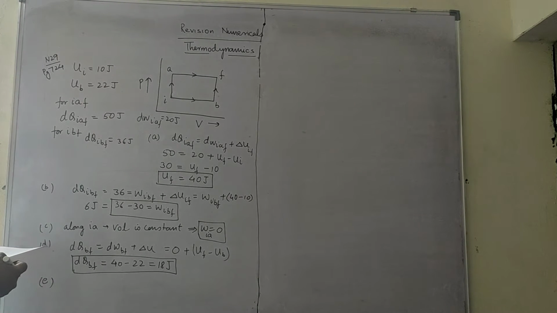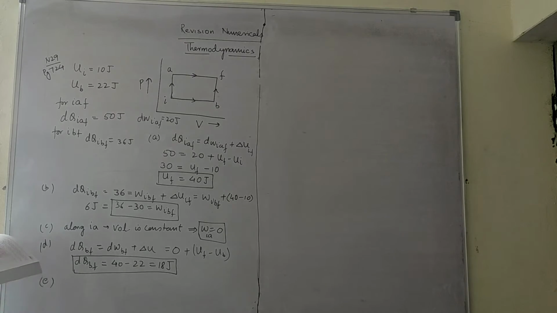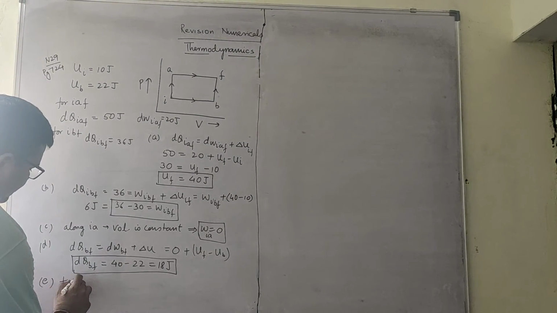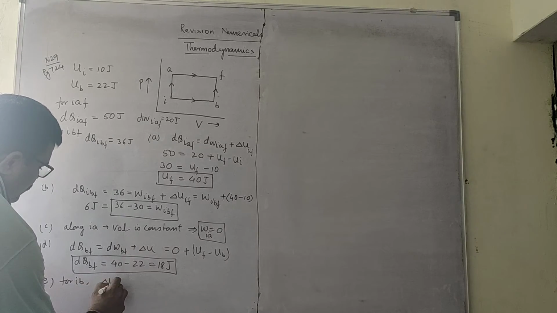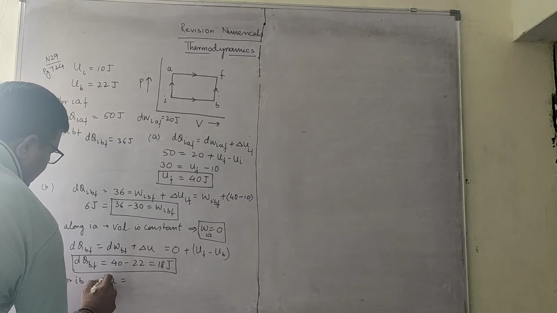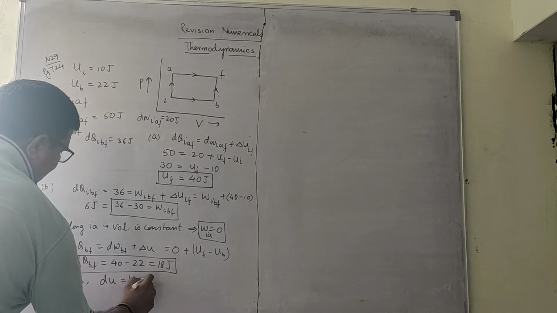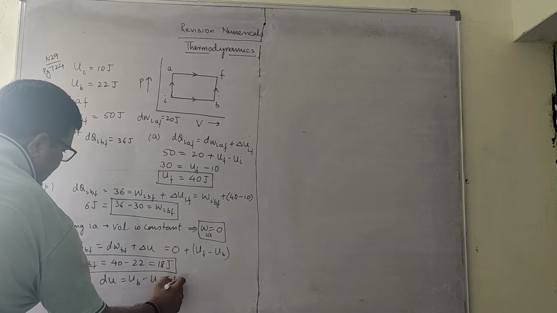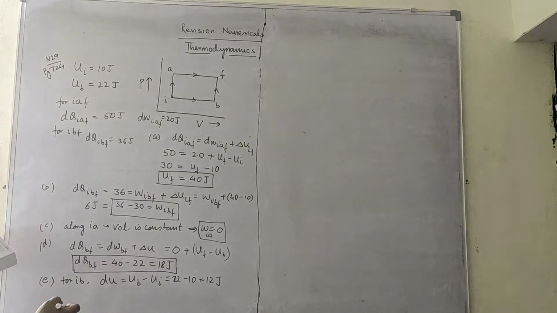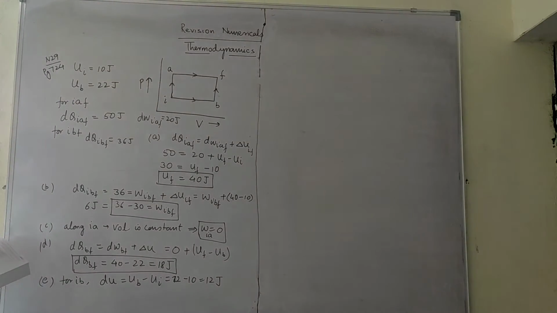Now for path IB, delta U, that is dU, is UB minus UI, that is 22 minus 10, that is 12 joule. This is the first part of the E part.